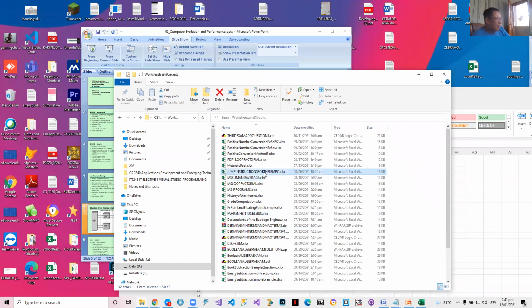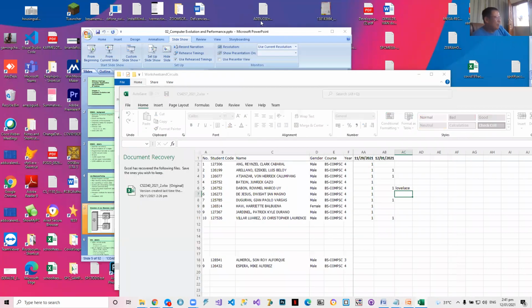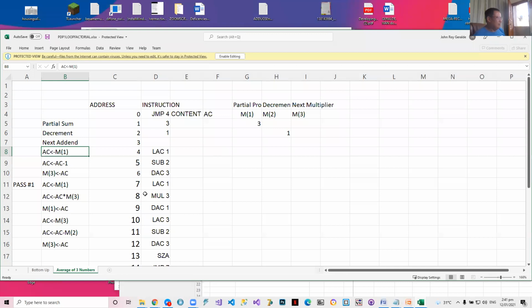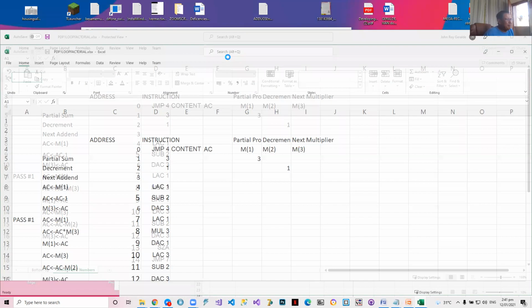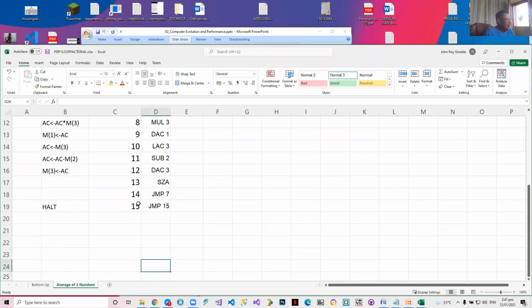Meron yata akong sample program dito, PDP-1 ito. Yung factorial program. Tingnan natin. This is the same factorial program, from the analytical engine to the IAS to the DEC PDP-1. Do you follow?